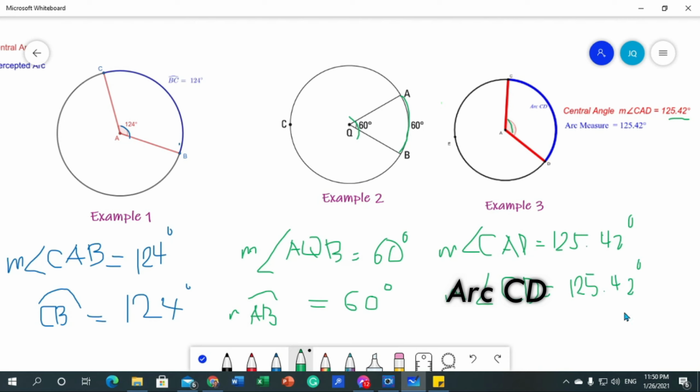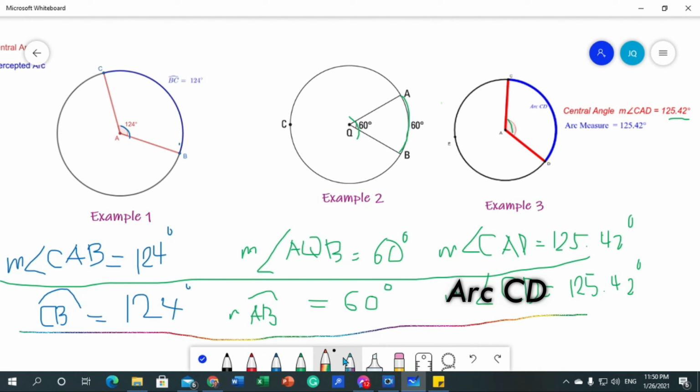From the given examples, what have you noticed about the measures of our central angles and the measures of our intercepted arcs? Very good. The measure of a central angle is equal to the measure of its intercepted arc. So, can you now answer our task?